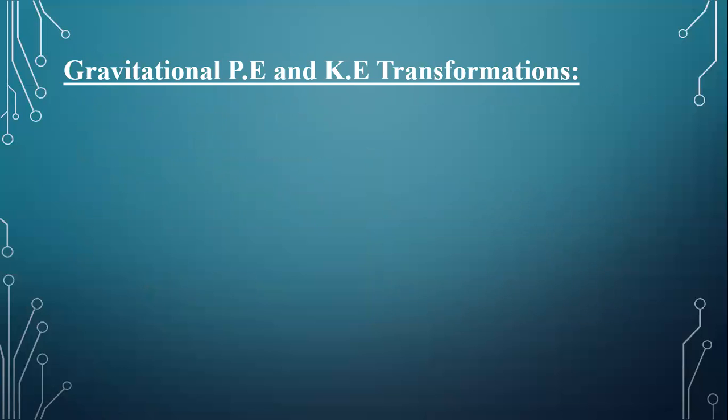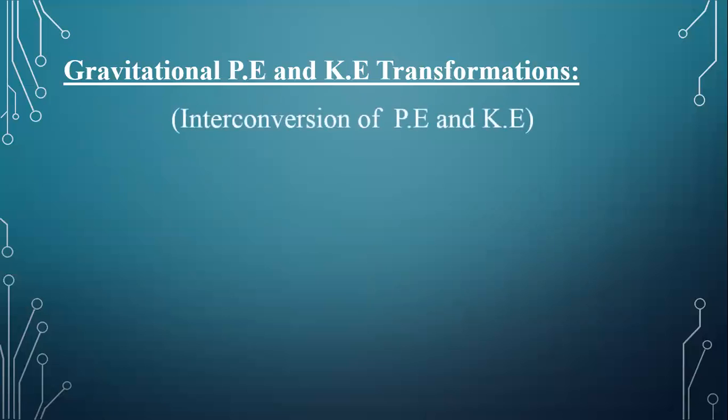Next one is the gravitational potential energy and kinetic energy transformations. You can also call this the interconversion of potential energy and kinetic energy, that is, how they can be converted from one form to another, how potential energy can be changed to kinetic energy.